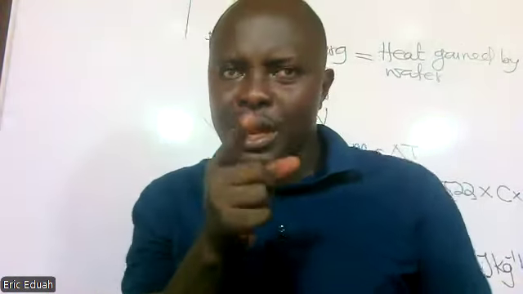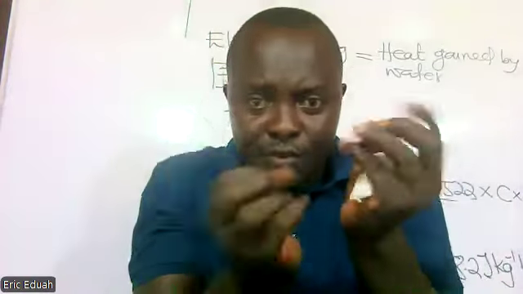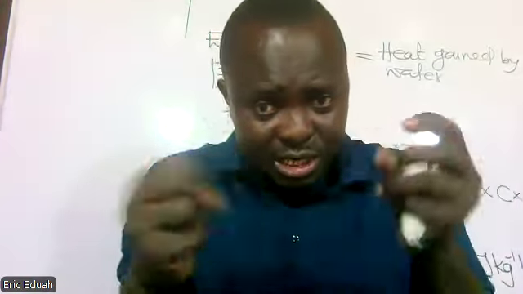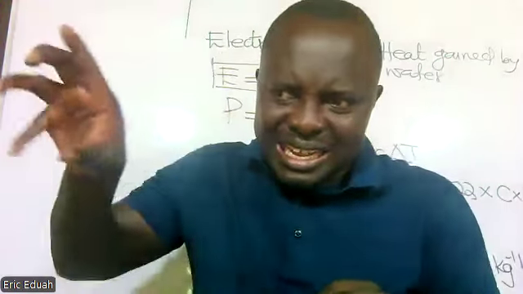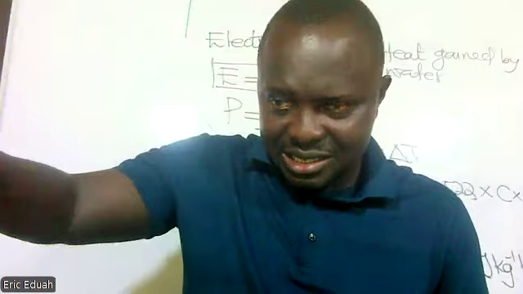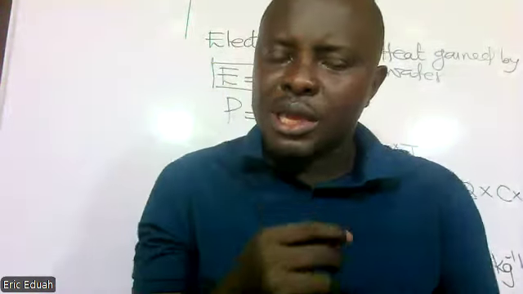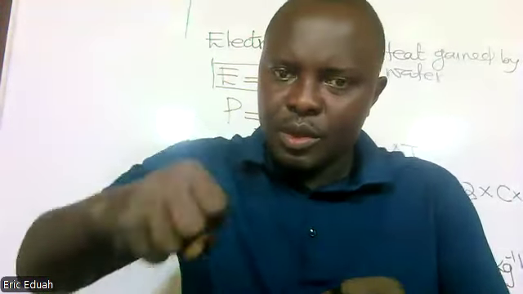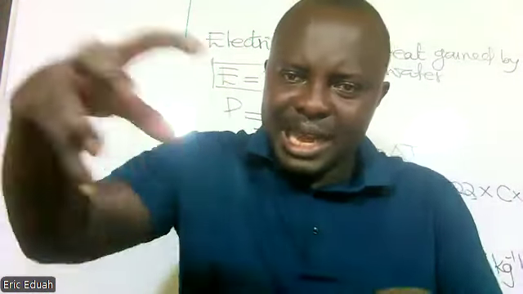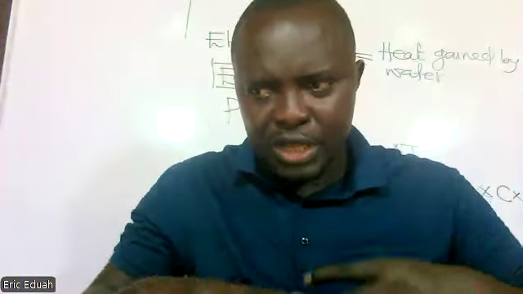Now, when a bullet is fired and it hits a target, sometimes because of the burning chemical reaction of the gunpowder, it can burn a certain target. Here we are looking at the kinetic energy of the bullet converted to heat energy, which is given to the target.